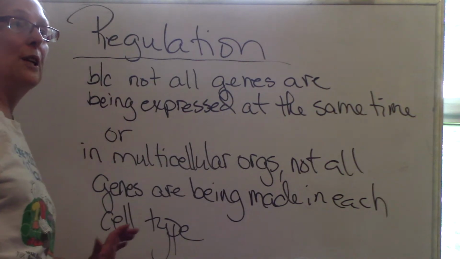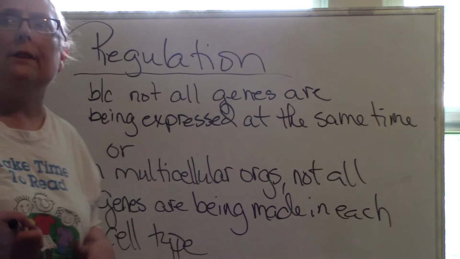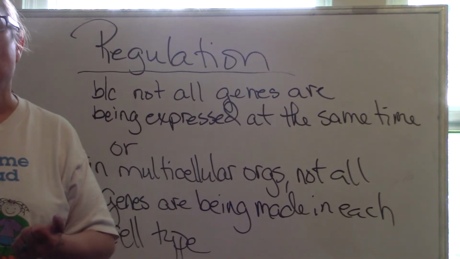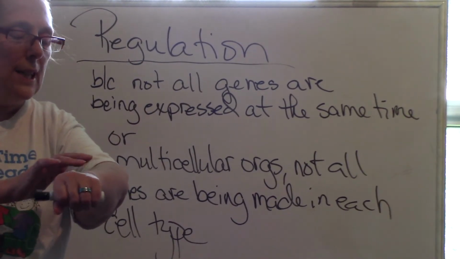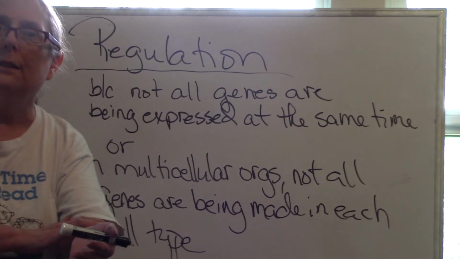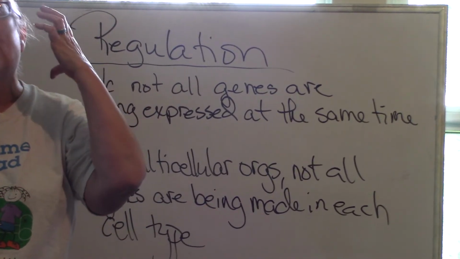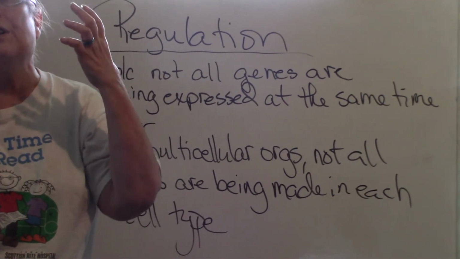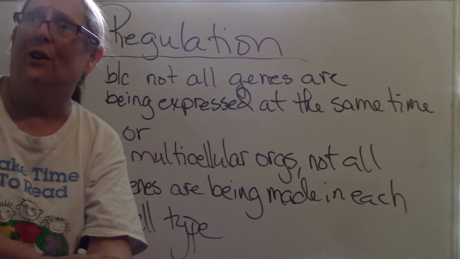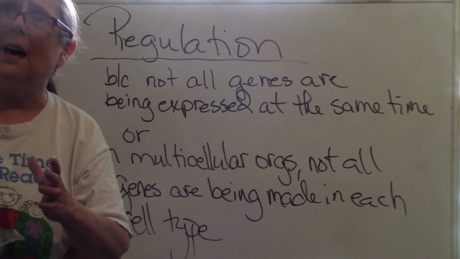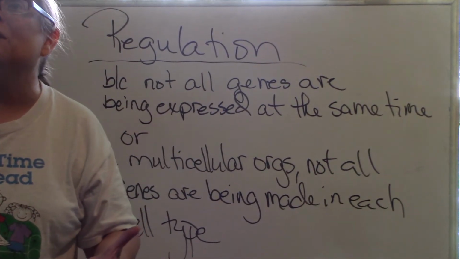Now I want you to think about the multicellular organisms. Think about the amazing organism that you are and how you have skin and how your skin is different than the muscle underneath it and how you have a brain with all these nerve cells and supporting cells of the nervous system and how those cells are different than your skin and your muscle cells. Okay, and you even have different types of muscle and they're different from each other.